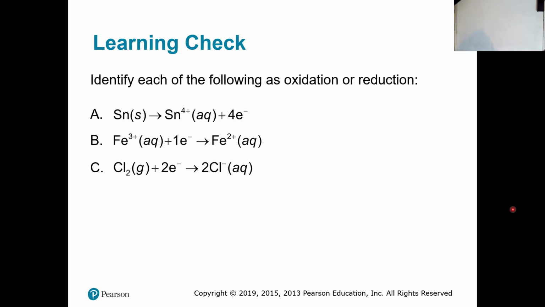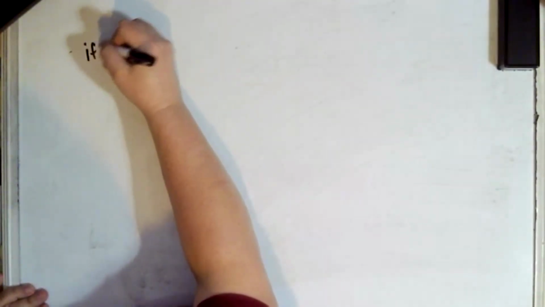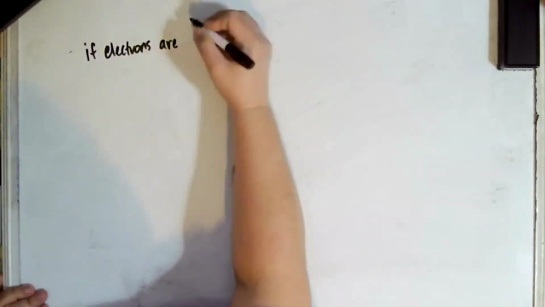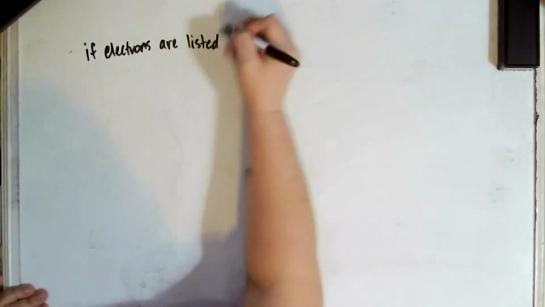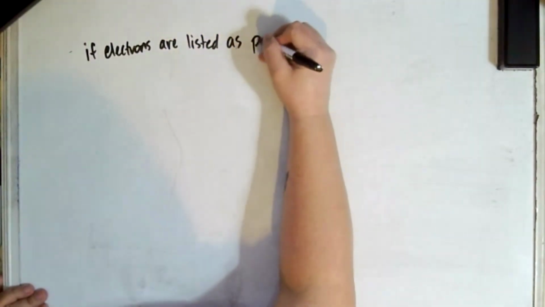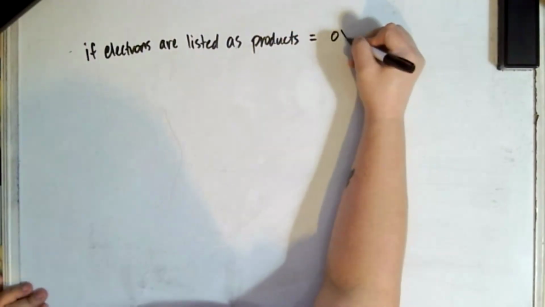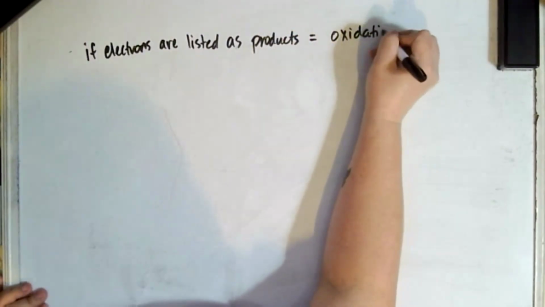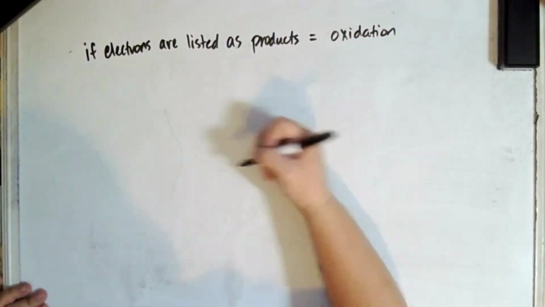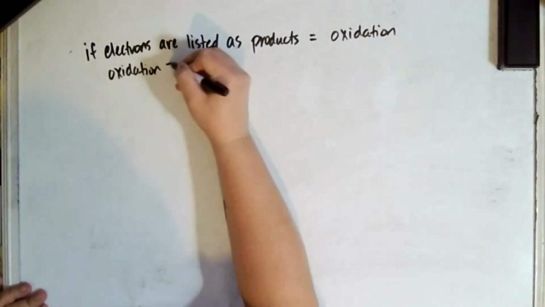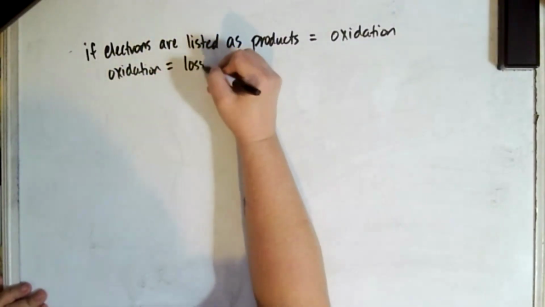What we're going to see is that if electrons are listed as products, that indicates that oxidation has happened, because oxidation means a loss of electrons.